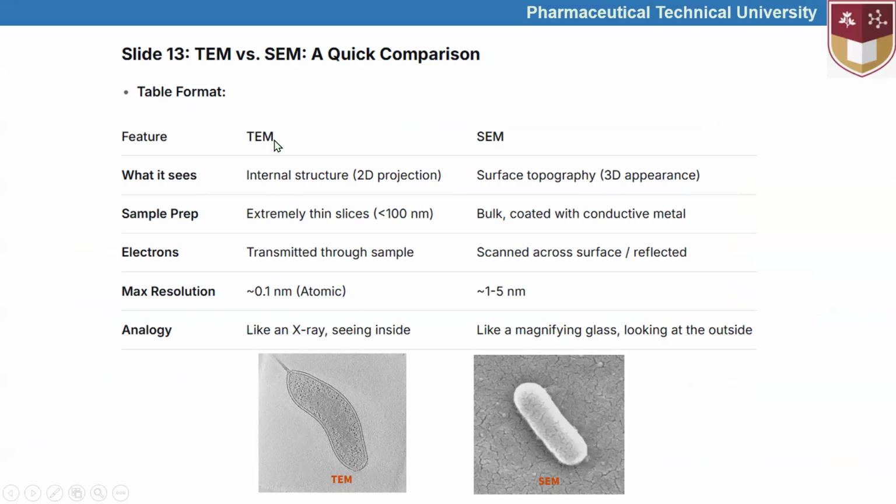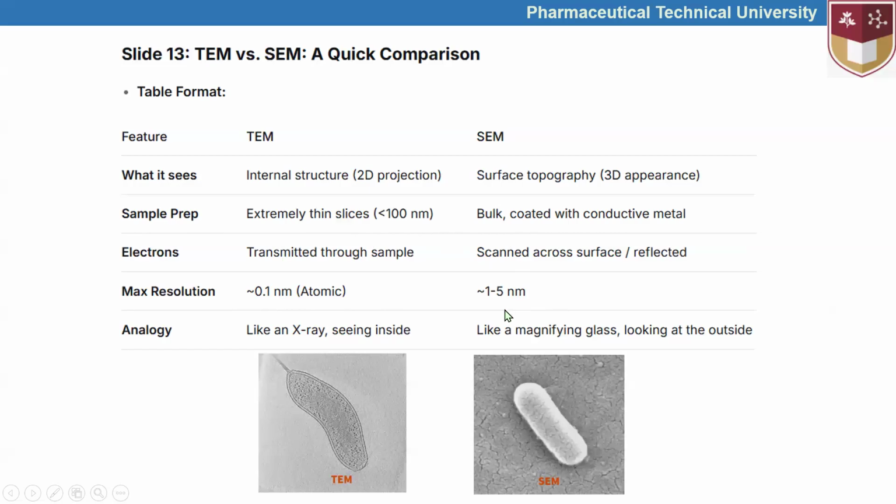Here we can see TEM shows internal structure, SEM shows a 3D structure, and TEM needs extremely thin slices for sample preparation, while SEM uses bulk samples coated with conductive metal. Electrons are transmitted through the sample in TEM, and in SEM electrons are scanned across the surface, and maximum resolution, as we said, differs.